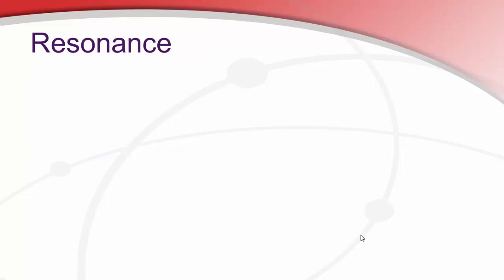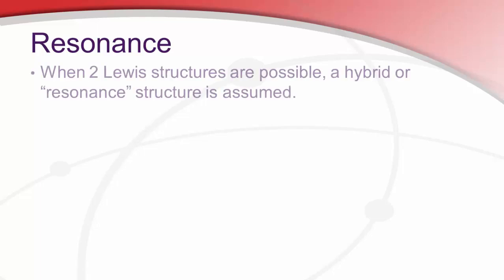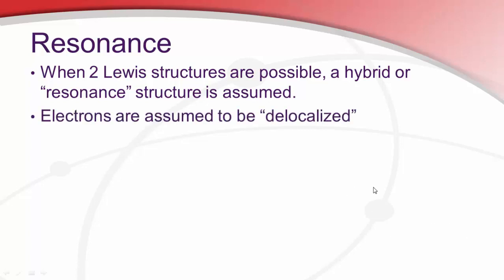There's another important kind of Lewis structure we have to acknowledge at this stage. We're going to dig a lot deeper into what we call resonance structures when we get into organic chemistry. But for now, we can accept that when 2 Lewis structures are possible for a given formula, we can assume a hybrid or resonance structure.